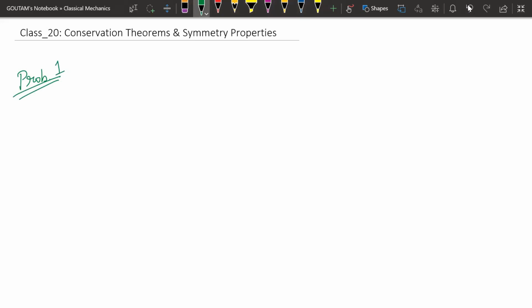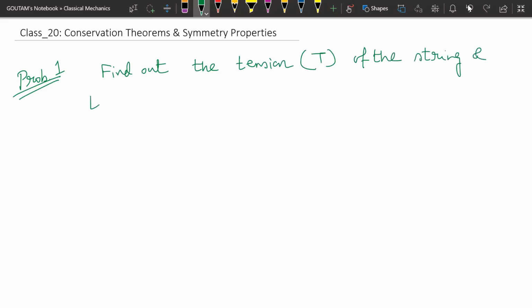So the problem statement is: find out the tension, which we will define by T, of the string and the acceleration of the objects in the following figure.